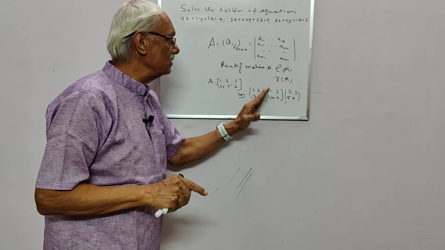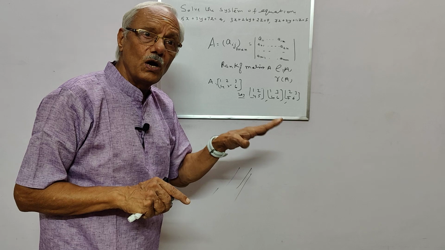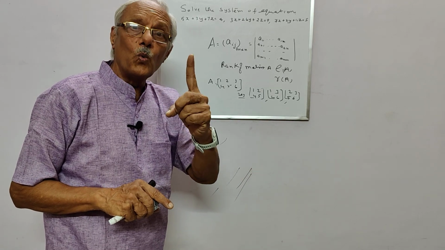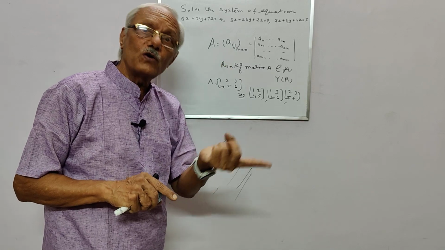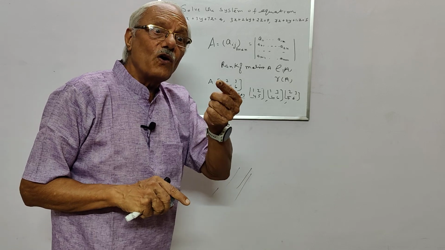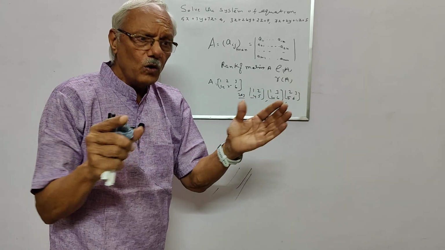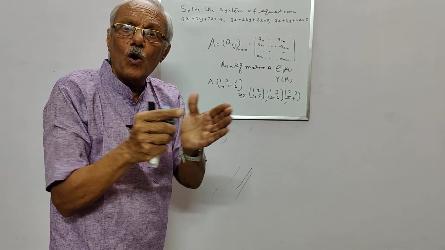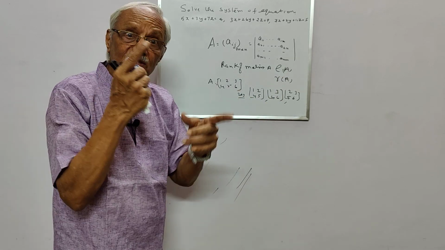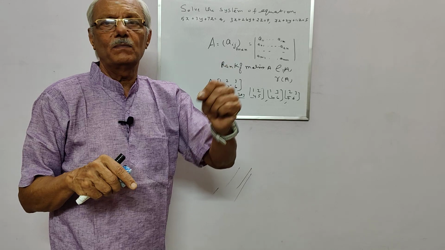That means at least one submatrix of order R will not be equal to 0, but all those submatrices with order R plus 1 and more will become zeros. If that happens, then we say that R is the rank of the matrix.